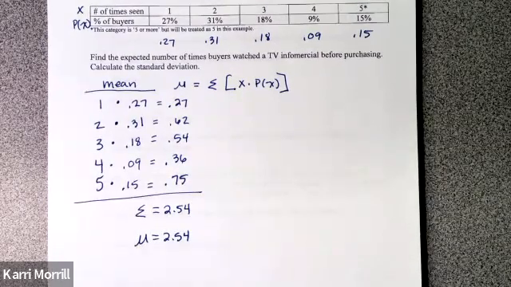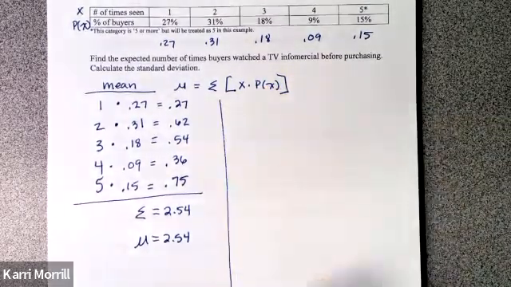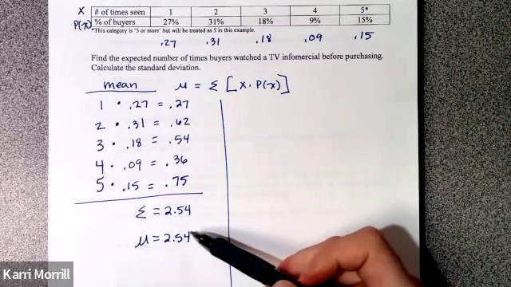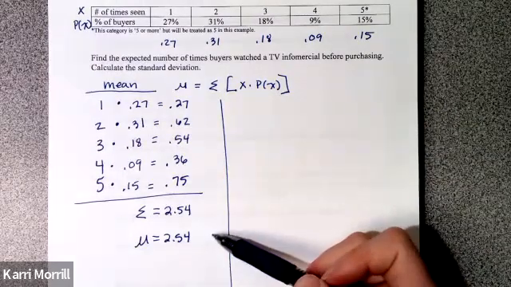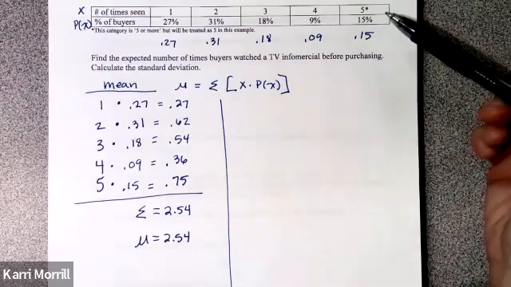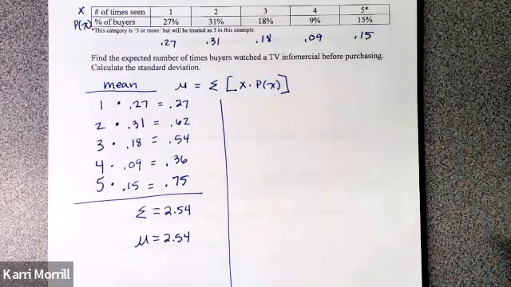But they want to know the standard deviation. So this means, if you remember, it would be between 2 and 3 times seeing the infomercial that they bought, the higher chance, I guess, of them buying the product.